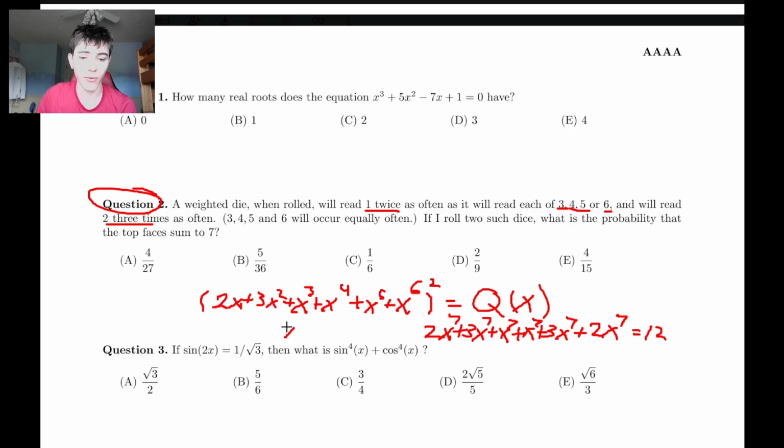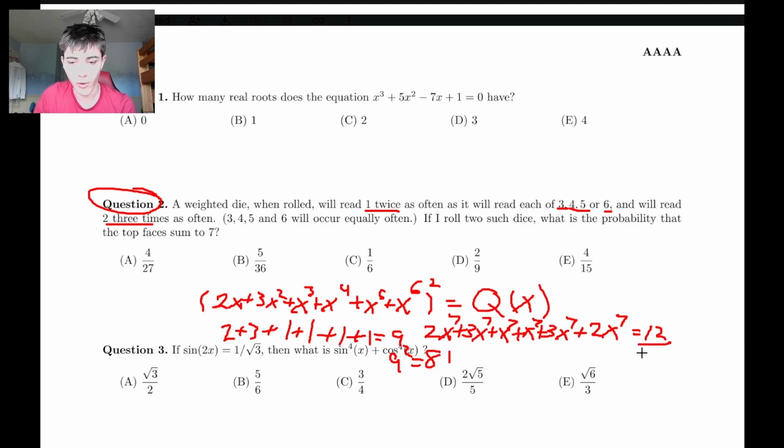So if you plug in 1 to this and then square it, then you'll get the sum of all the weights. So let's plug in 1. 2 plus 3 plus 1 plus 1 plus 1 plus 1. It's 9. And 9 squared equals 81.